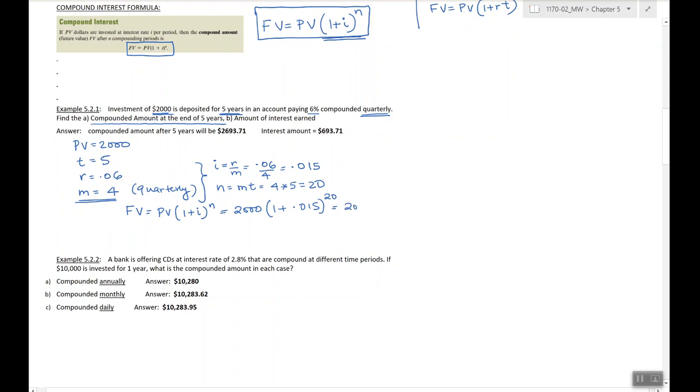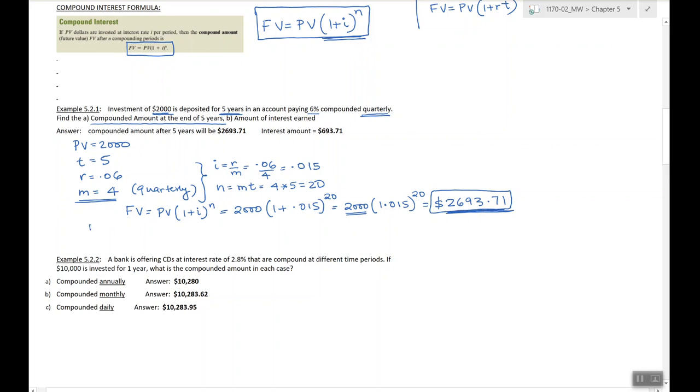That gives us 2000 times 1.015 raised to the power 20. And now using your calculator, you will find that this is 2693.71. So that means $2,000 will become $2,693 in 5 years.